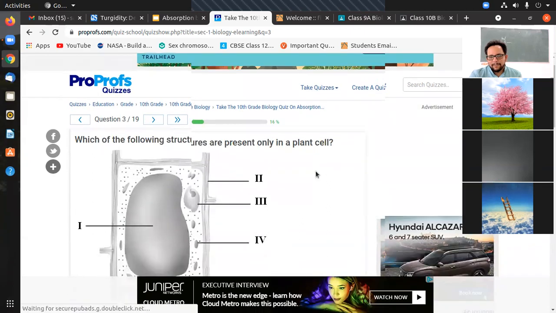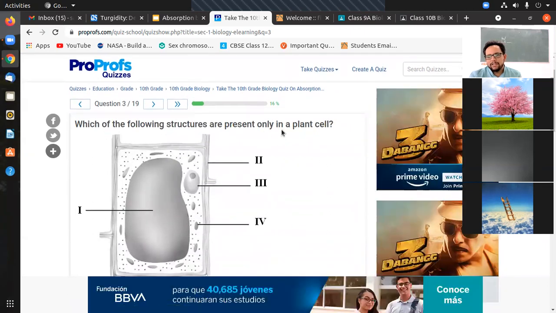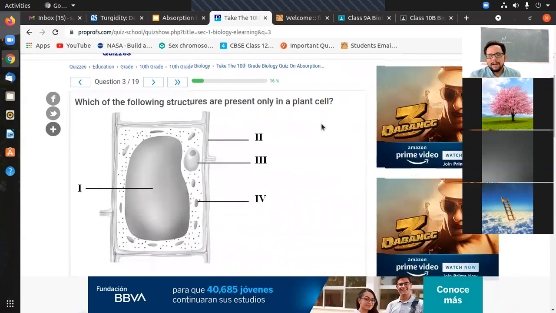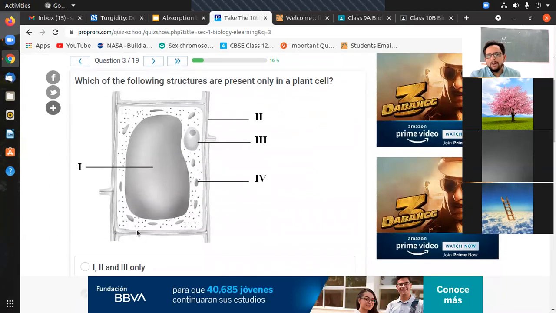Then the third one. Now, which of the following structures are only present in the plant cell? Which all do you think are present in here? Again, any... Tanisha thinks second is present. What about the others? 1, 2, 3, 4.